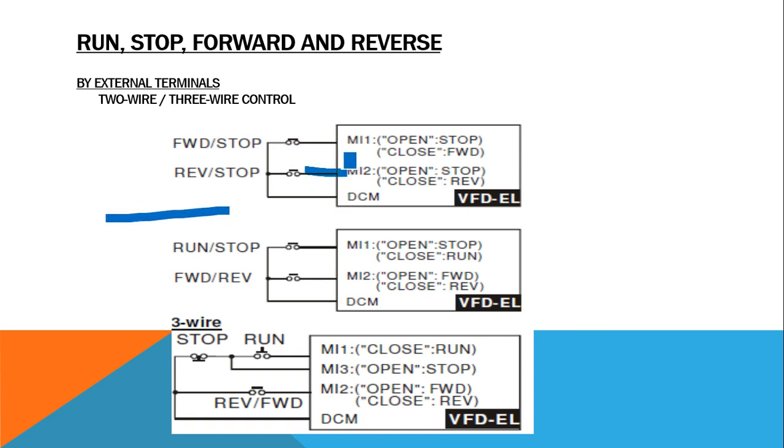You will see two wires for the positive, and depending on the connection, we will be able to run the motor in the forward direction, run it in the reverse direction, or stop. So this is one method. Otherwise you can run and stop with one button, and forward and reverse with another button. We need not put additional starters. Just a button can be operated.